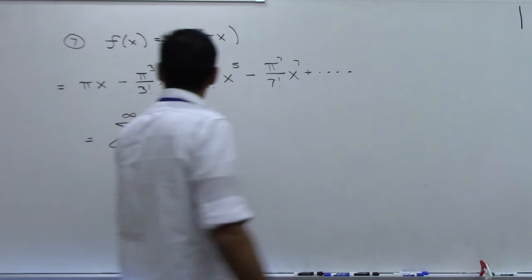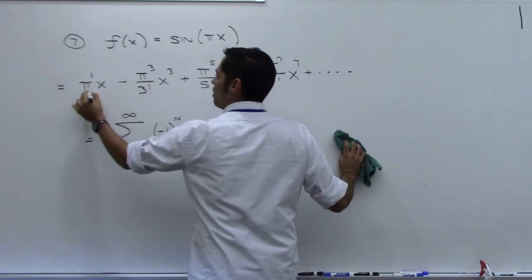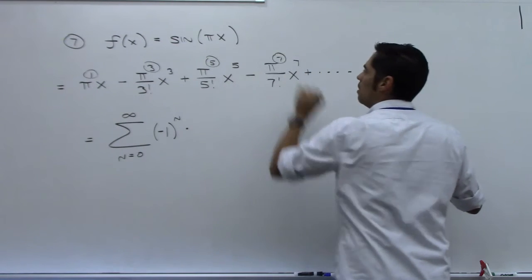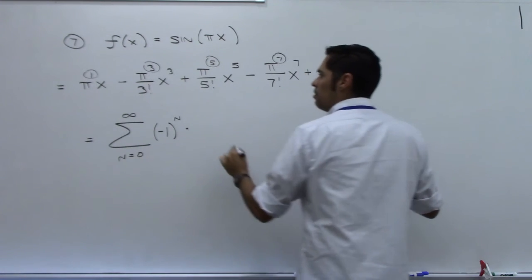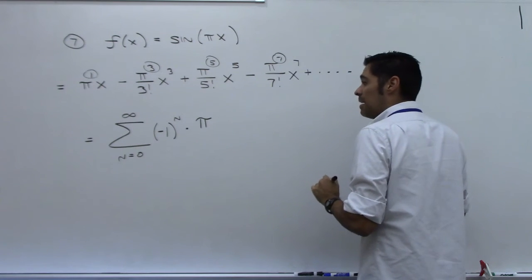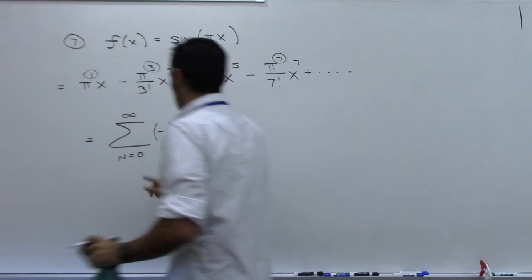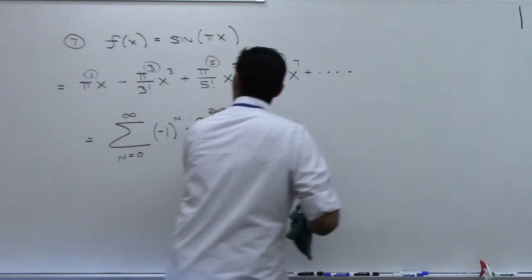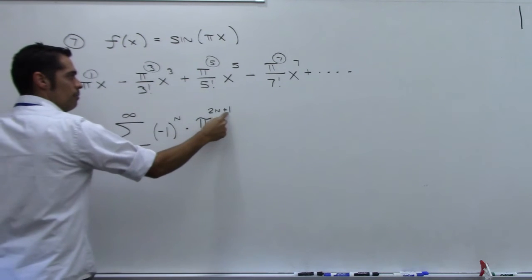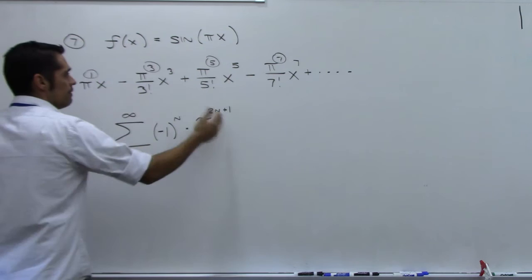Then I have here, all these powers on the pi's are all odd numbers. So I need to do pi raised to odd numbers starting at 1. So 2n plus 1. If I plug in n is 0, I get 1. n is 1, I get 3, n is 2, I get 5.